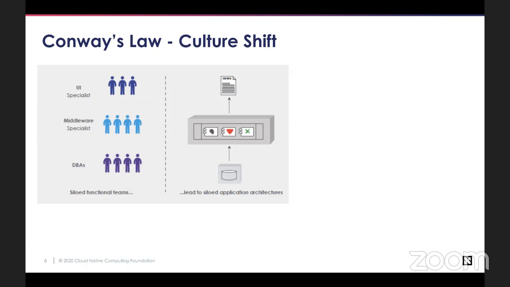So the origins of OpenEBS was really around this cultural shift that was happening in software development. It was not just about the technology, but also about the way the teams were getting organized.